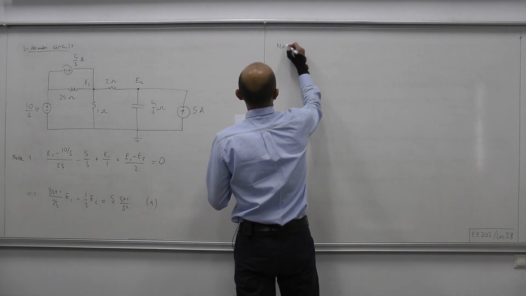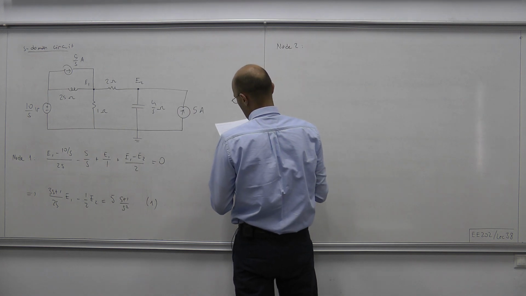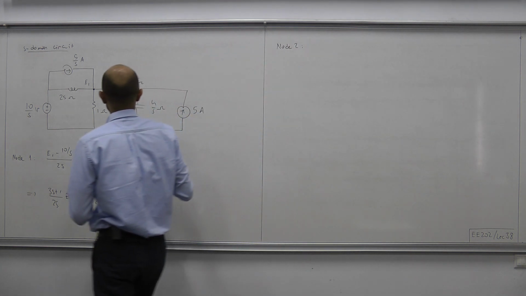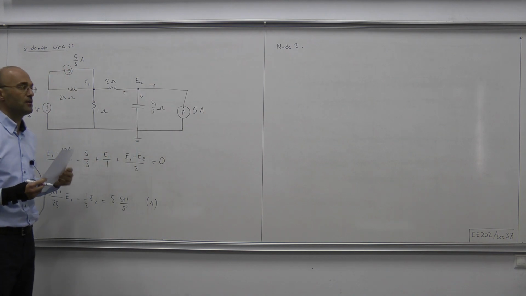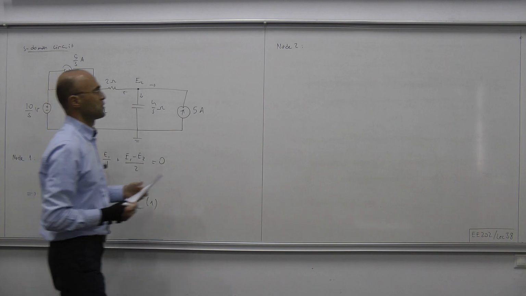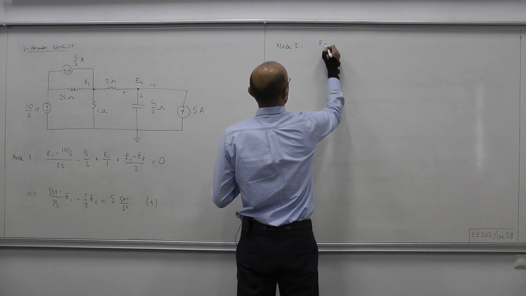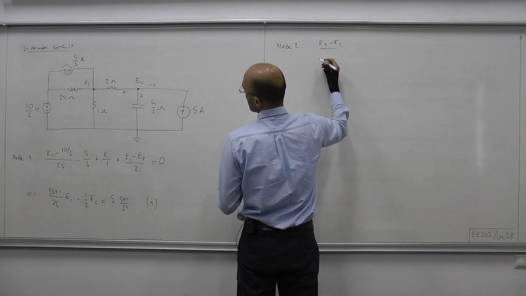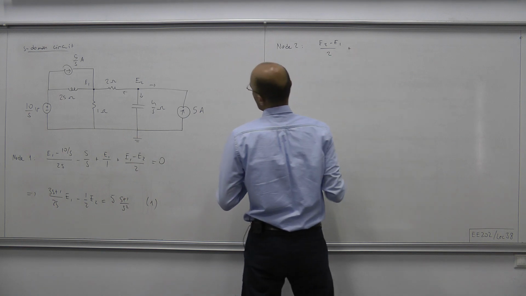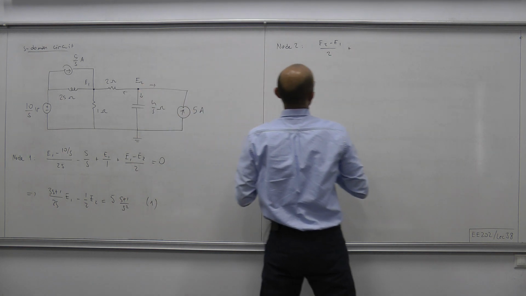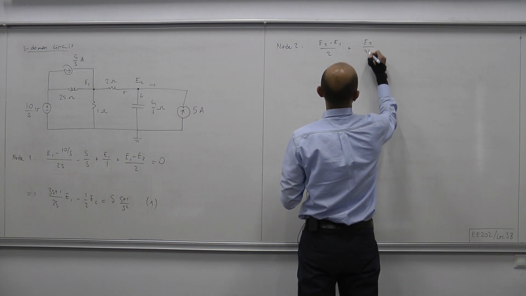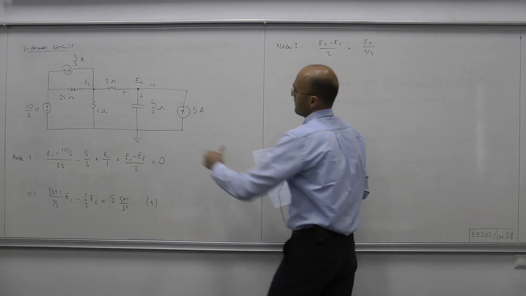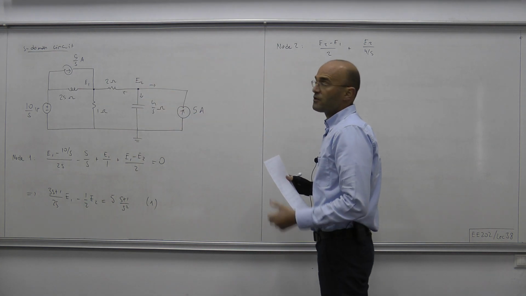Okay, writing KCL in the second node. Now we can add these three currents, this, and that, and the sum must equal 0. So we have E2 minus E1 over 2 plus this current, which is E2 over 4 over S. Finally we have this current which is minus 5 amps.